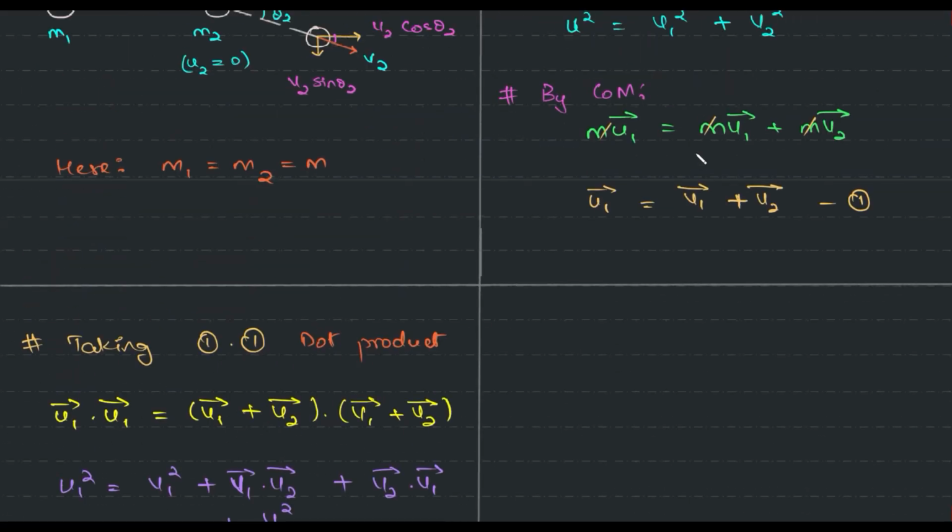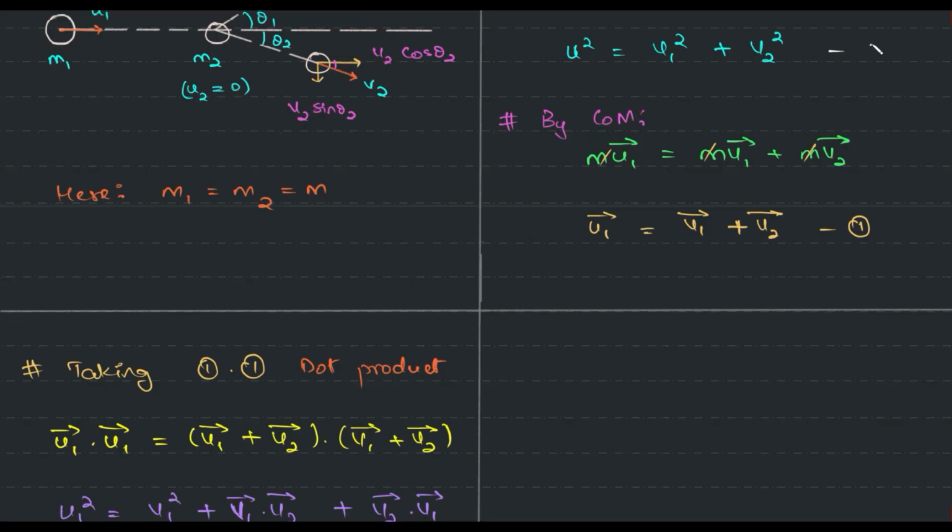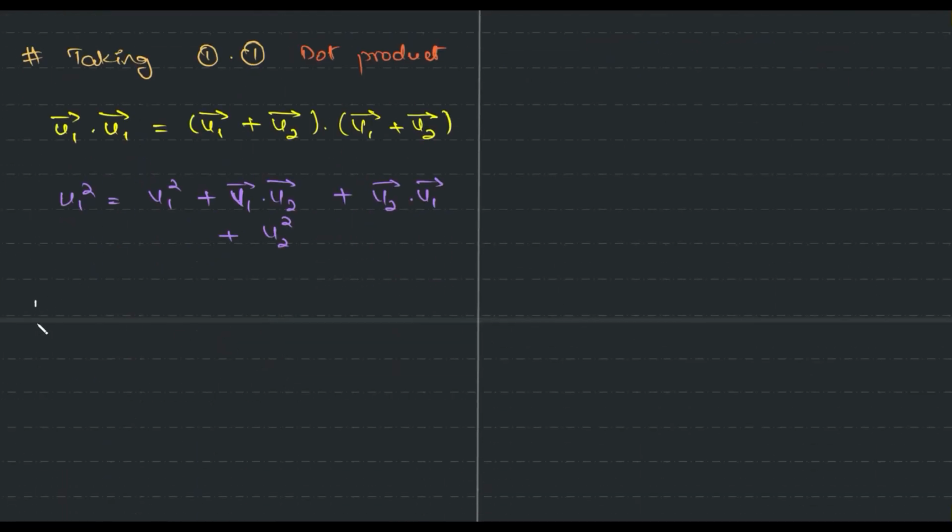But u square is equal to v1 square plus v2 square, so I'll call this 2. From 2, you have u square is equal to v1 square plus v2 square, so this entire expression gets cancelled. We end up with 2 v1 dotted with v2. Remember, for the dot product of two quantities, the order does not matter, so these are equal, since it's a scalar quantity.